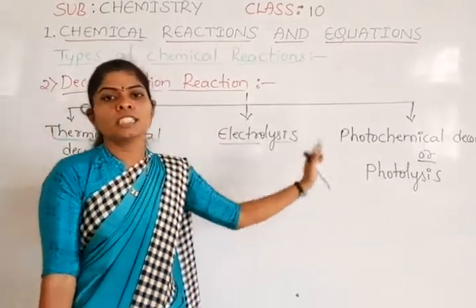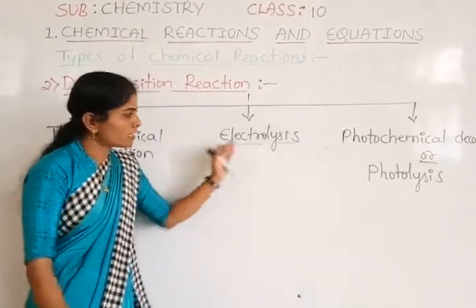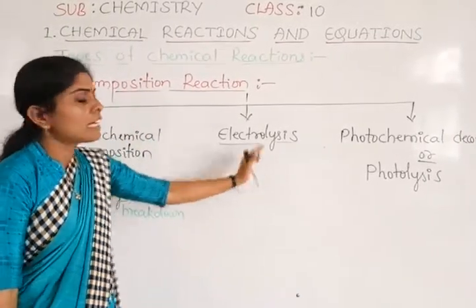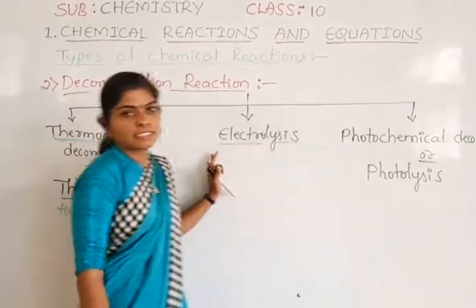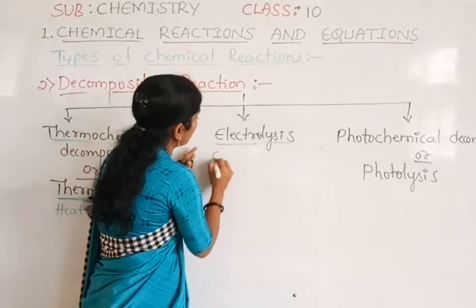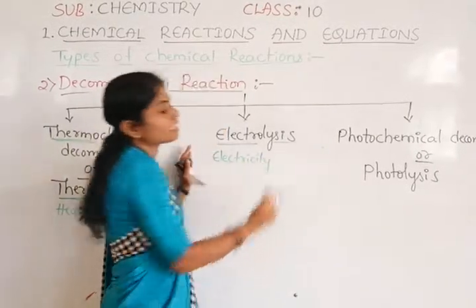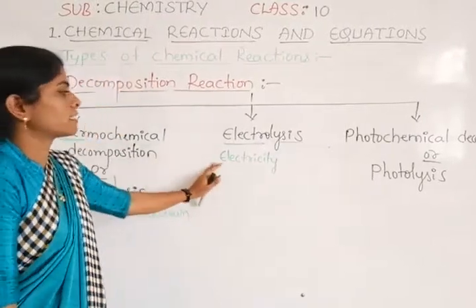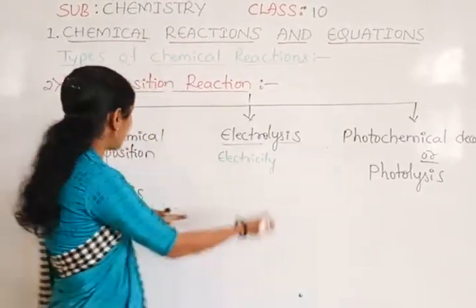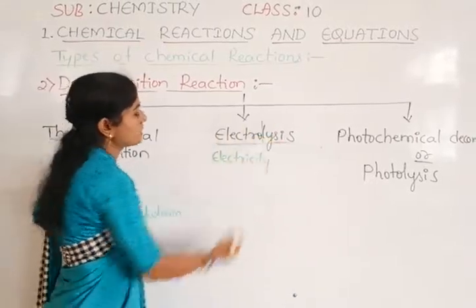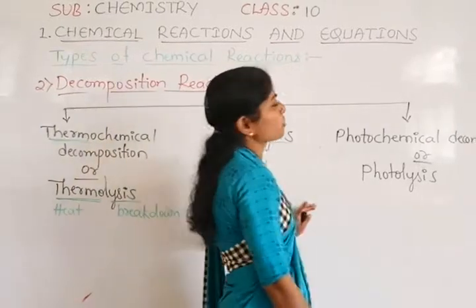Electro means electricity, so the decomposition reaction in electrolysis involves the use of electricity. And already you know that lysis means breakdown. This is the second type of decomposition reaction.